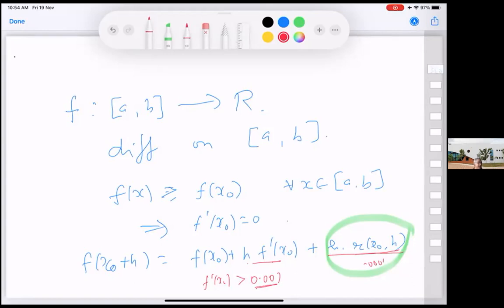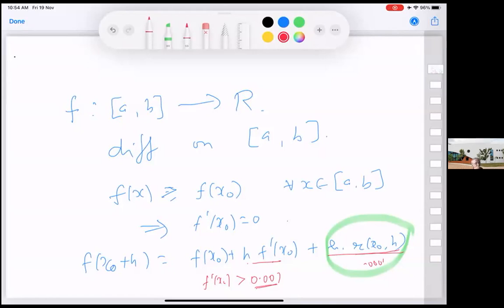Therefore, by choosing h negative but small, we can make f(x0 + h) smaller than f(x0). We'd be violating that x0 is the minimum. So if x0 is a minimum, this is one way of looking at it.